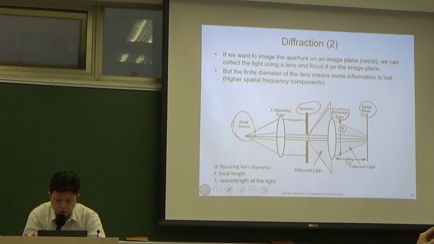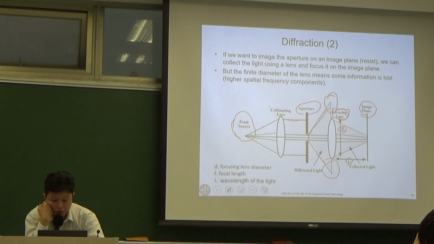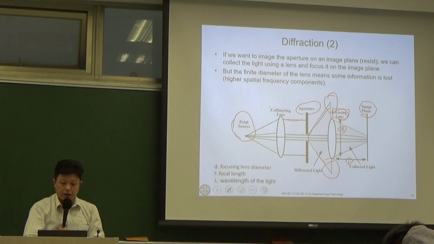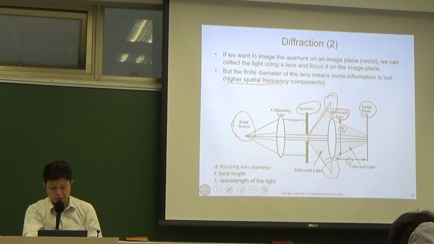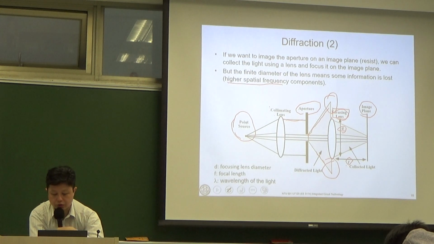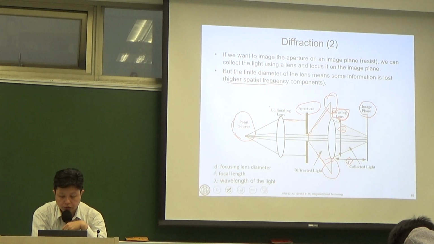These finite apertures, these finite diameters, will create a problem, because from this figure you can see this part of the diffracted light is lost. These diffracted lights contain certain information, especially the high spatial frequency components. This high spatial frequency is usually related to the smallest features, and will generate these high frequency components.